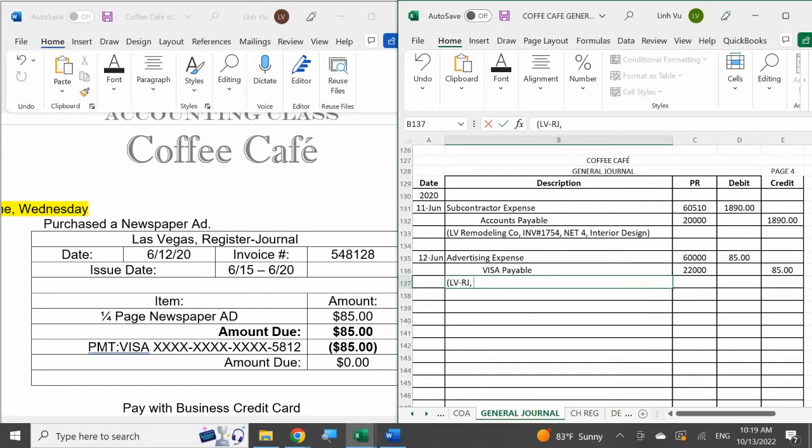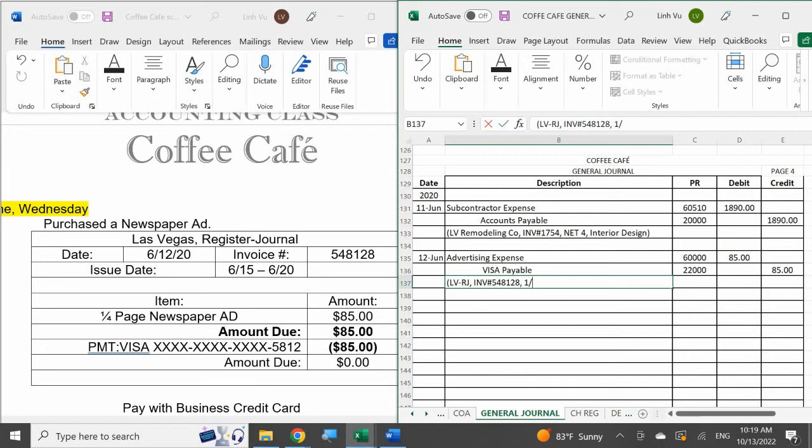And what was my proof of transaction here? Invoice 548128. Okay.